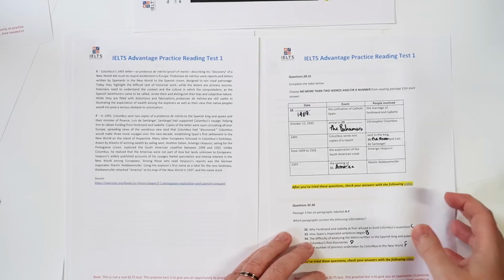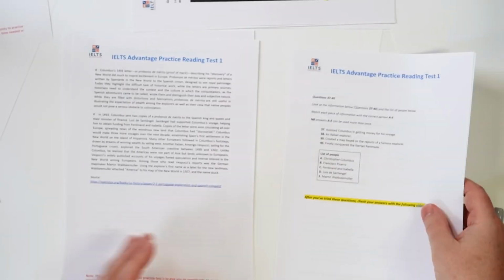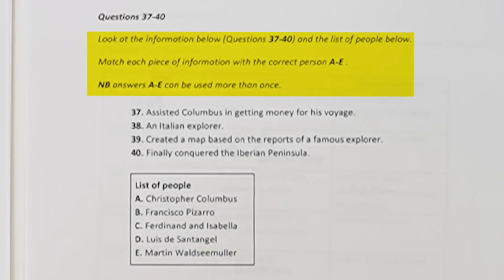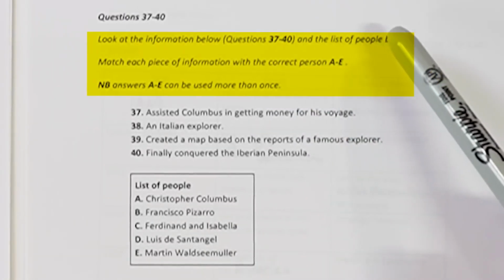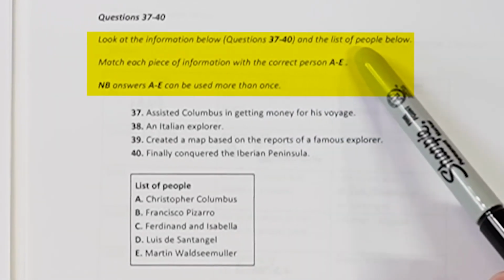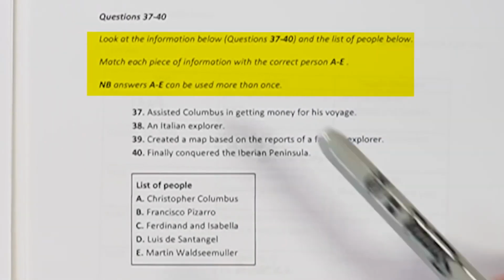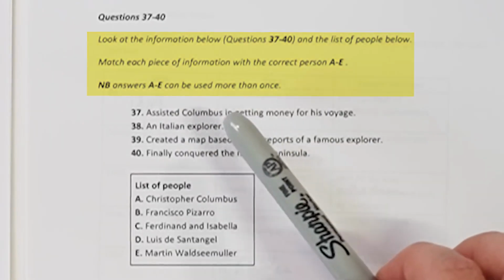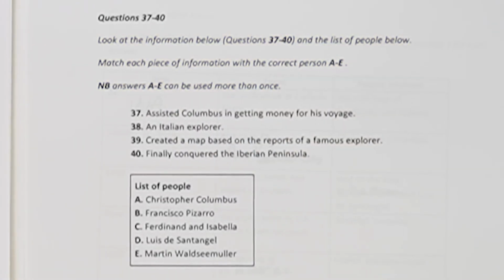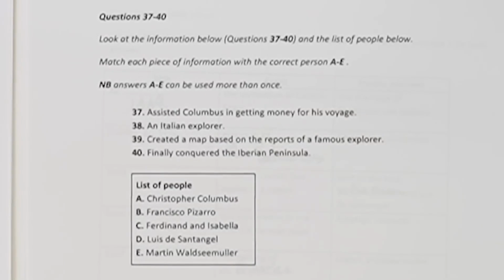So we can move on to the last part, which is matching names. Read the instructions, look at the information below, match each piece of information with the correct person. We need to first read these to understand them. Assisted Columbus in getting money for his voyage. An Italian explorer. Created a map based on the reports of a famous explorer.